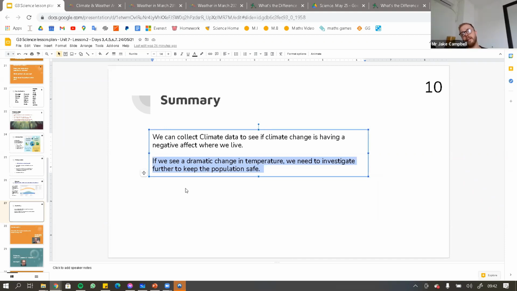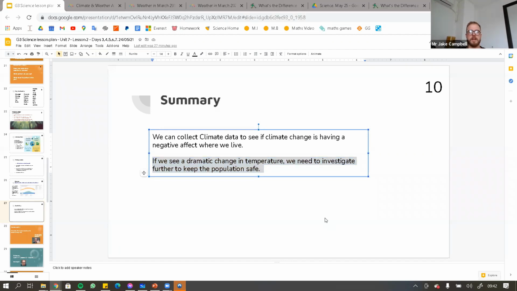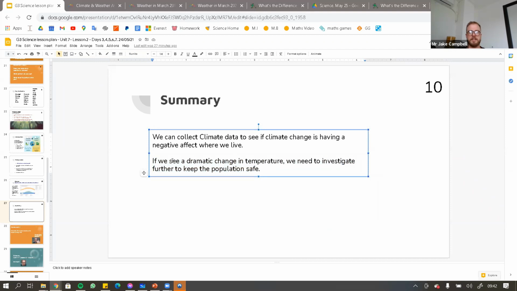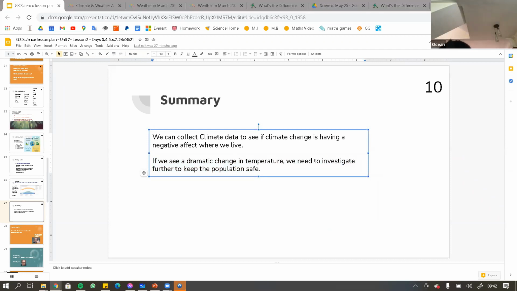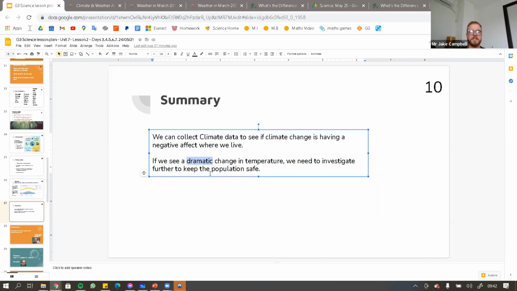One key word in here, class, is dramatic. In the context of this sentence, dramatic means very quickly. If we see a dramatic change in climate, we need to investigate further to keep the population safe, okay?